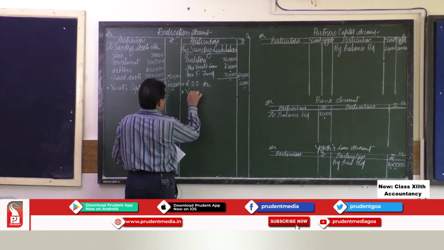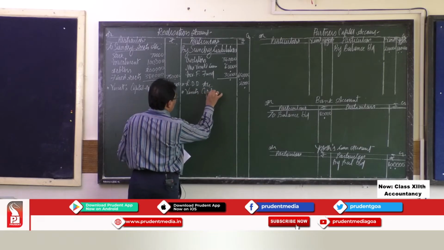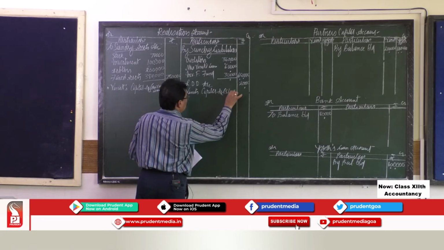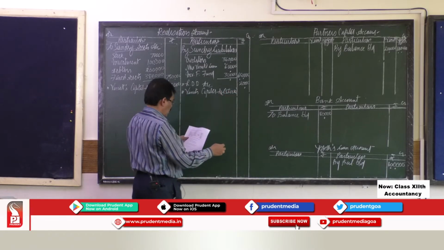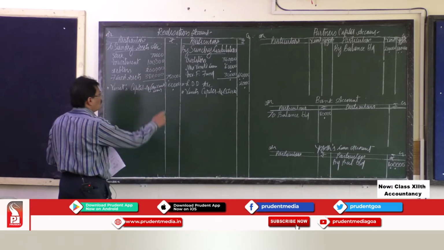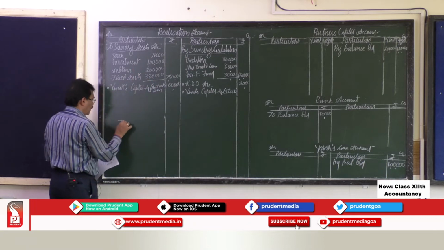So, by Vineet's capital account, this is for stock taken over. Actually, the stock was rupees 70,000.